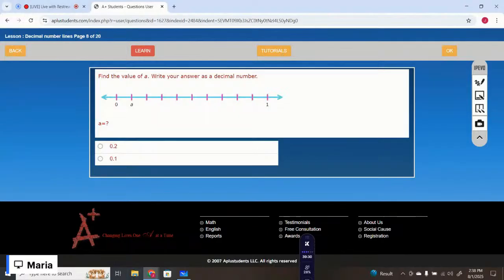Find the value of a. That is 0.1. Option number 2 is the correct option.